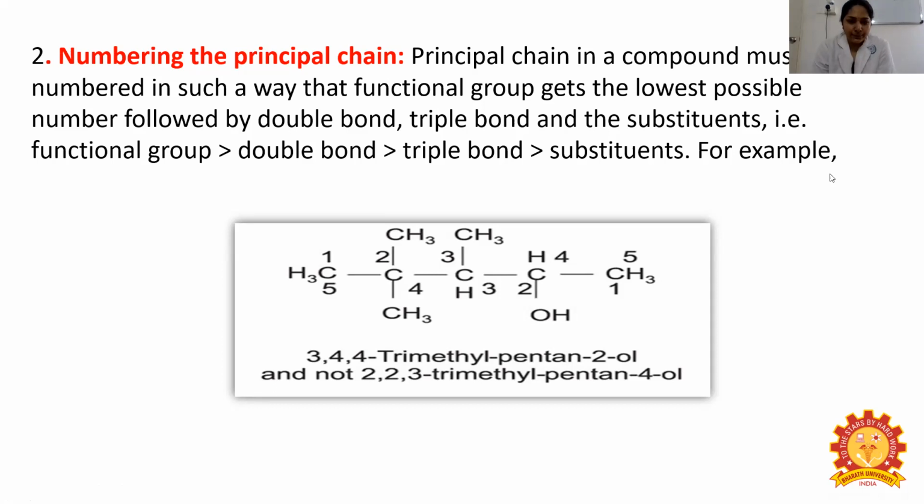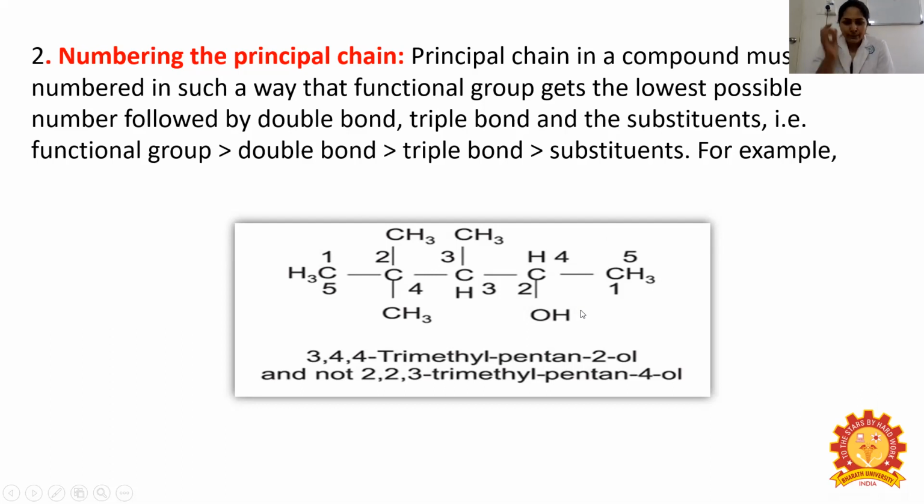So, for example, where is the functional group? Here 1, 2, 3, 4, 5. The second position has an alcohol.